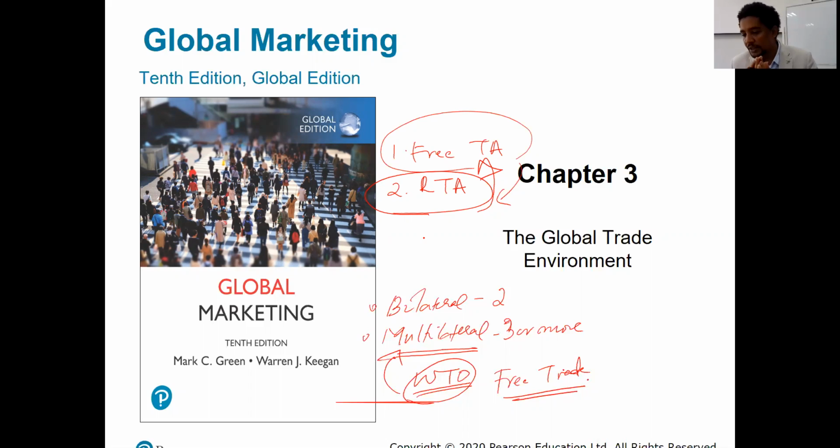But as I've said, South Korea can have a free trade agreement with Russia, in different places, right? Or South Korea could have a free trade agreement with Germany, okay? Different continents. Or South Korea could have a free trade agreement with one country in Africa, or two countries in Africa it could be. So that is a free trade agreement, okay?